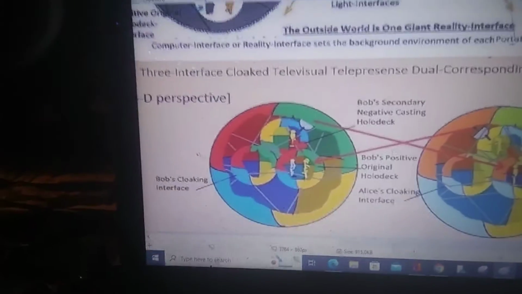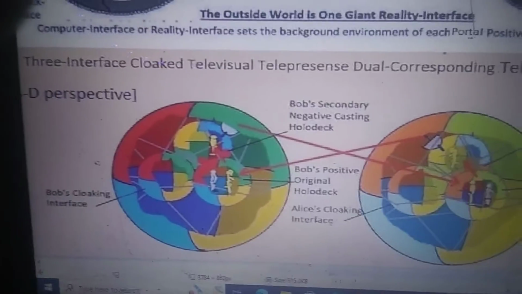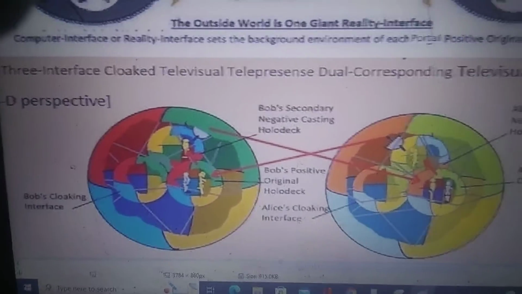This is a three-dimensional perspective, three-dimensional cloak, televisual, telepresence, dual corresponding televisual portals.